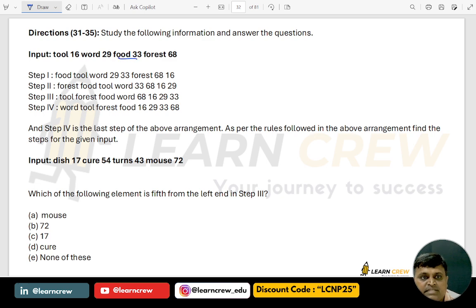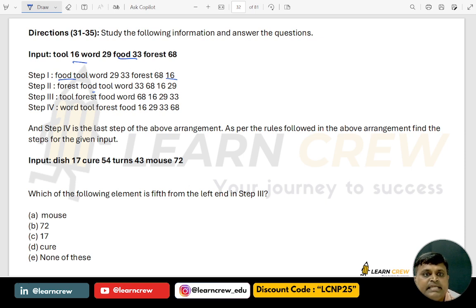So food is arranged and 16 is arranged. If you observe here, alphabetically FOOD. After that forest is arranged. So alphabetically they are arranged like this.